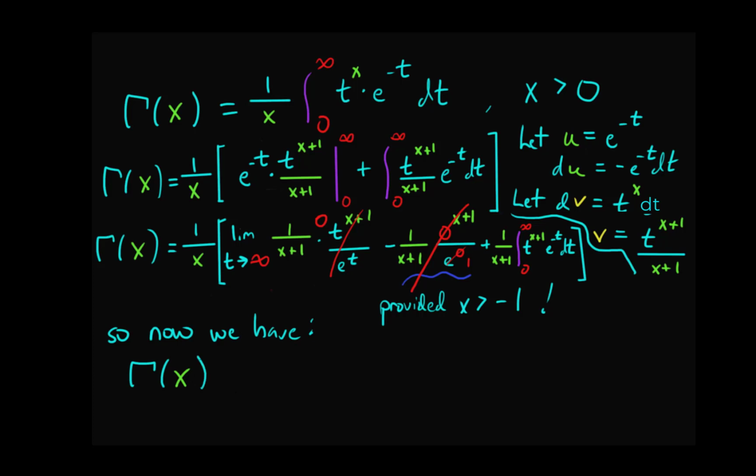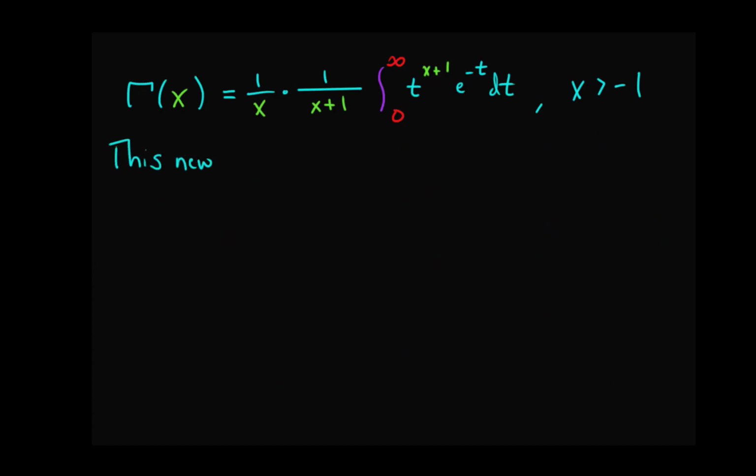So finally, we have gamma of x equals 1 over x times, those first two terms both cancel, times 1 over x plus 1 times the integral from infinity to 0 of t to the x plus 1 times e to the negative t dt, again, all provided that x is greater than negative 1, and also that x is not equal to 0.